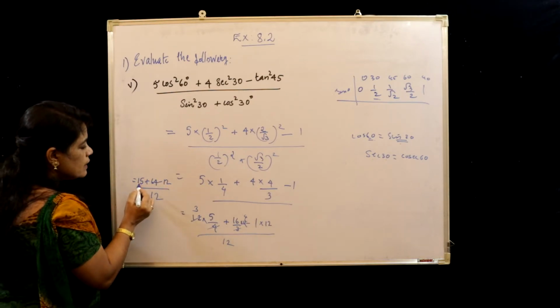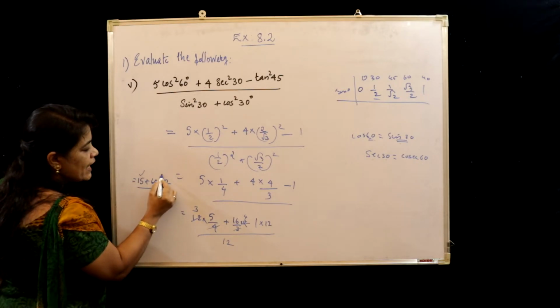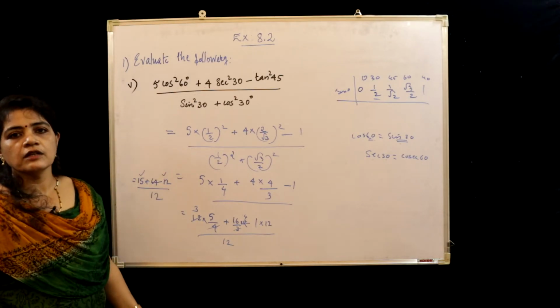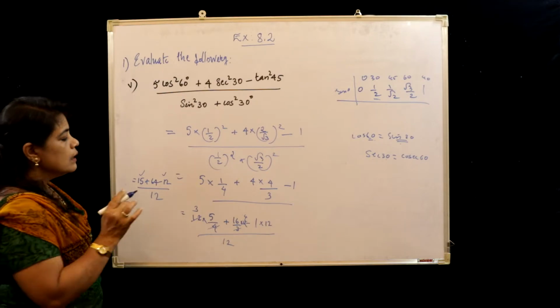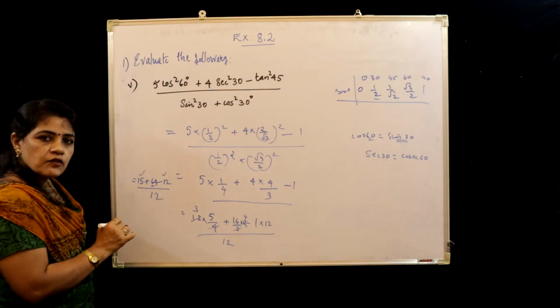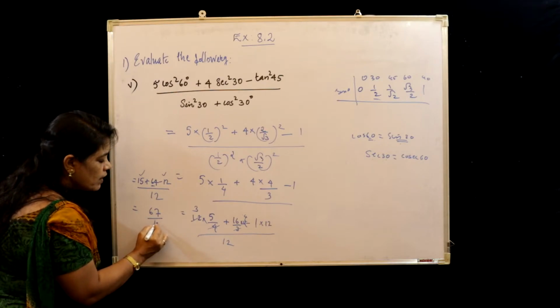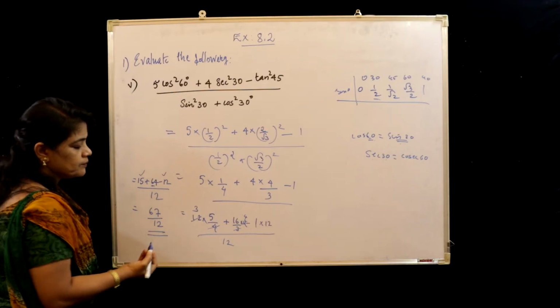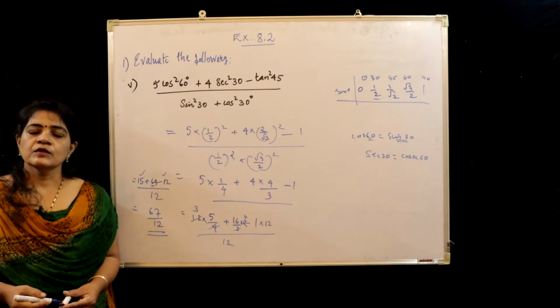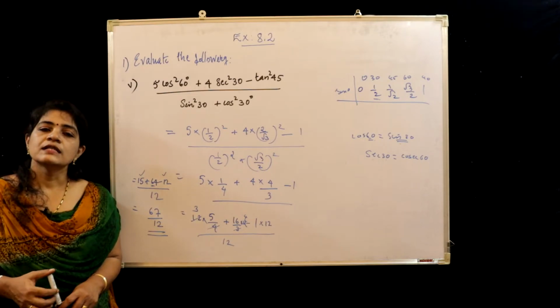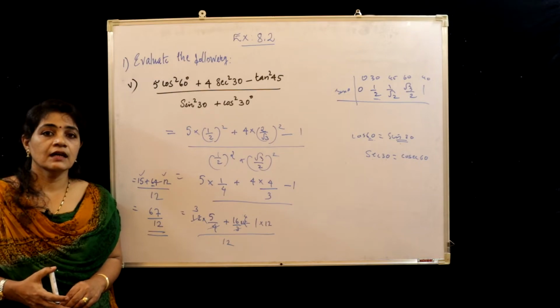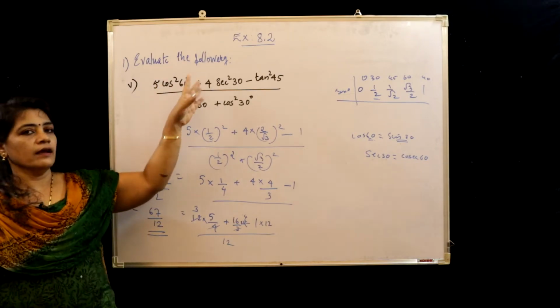See children, here we have 15 and minus 12, and 15 and minus 12 is positive 3. And here already 64. So 67 comes in the numerator divided by 12. So this is all about the 5 sub questions which come under evaluate the following.